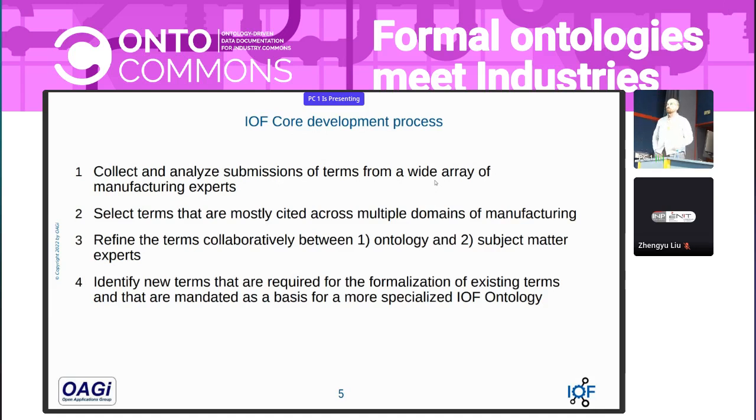Then those terms, which were around 20 of them, were further refined and formalized by collaborative work of both domain and subject matter experts. And finally, gaps in the sense of better defining those terms were identified. So new terms had to be introduced, and also a lot of working group chairs, which represent the domain reference ontologies, requested to include certain terms so that the IOF core can truly be a basis for their domain-specific ontology.